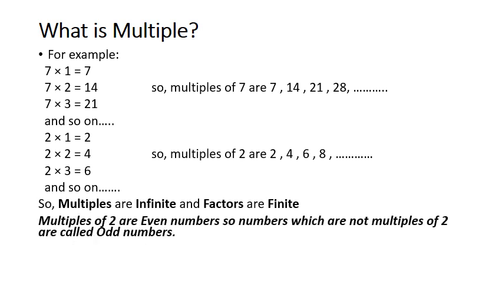By observing the multiples of 2, we can conclude one thing: that multiples of 2 are even numbers. So, numbers which are not multiples of 2 are called odd numbers.